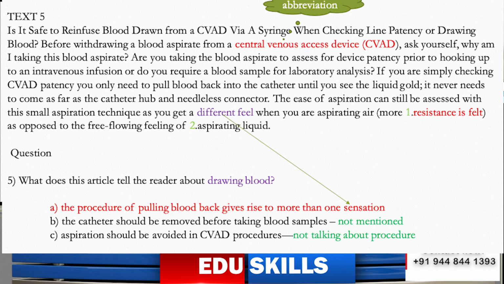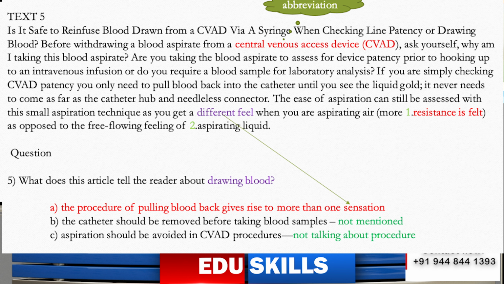If you are simply checking CVAD patency, you only need to pull blood back into the catheter until you see the liquid gold. That's enough. No need to draw the blood fully, and we can avoid wasting it. They are mentioning only this is enough. It never needs to come as far as the catheter hub and needleless connector.